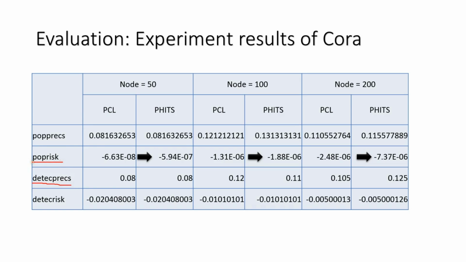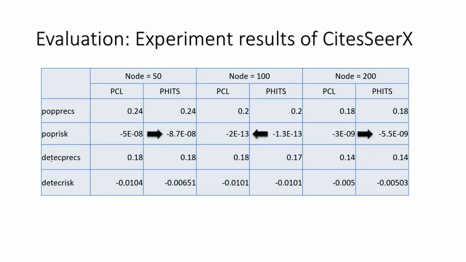It is likely we would introduce the popularity of each node to get a community detection result. So we put more emphasis on these results, their precision and risk. And for the CiteSeerX dataset, the PHITS algorithm will still have a higher risk compared with the PCL model, except for the node 100.